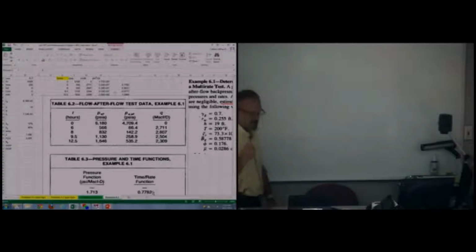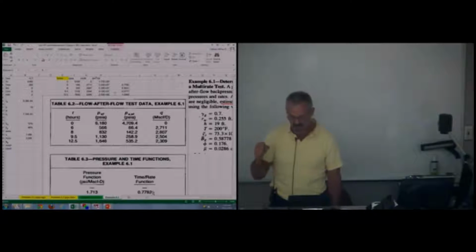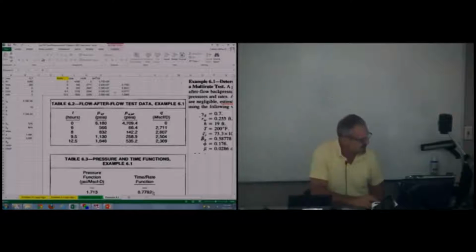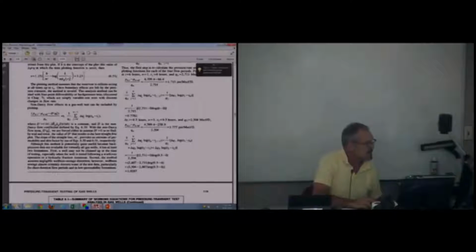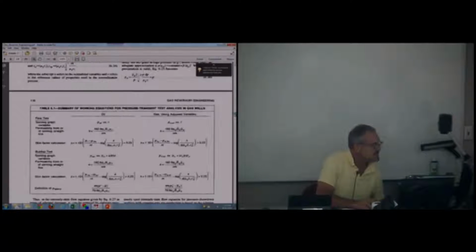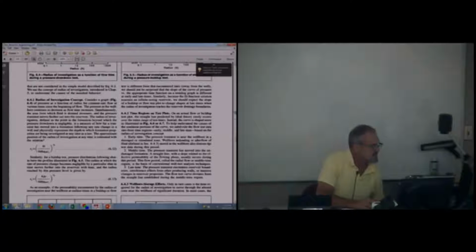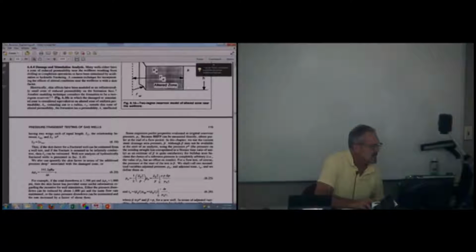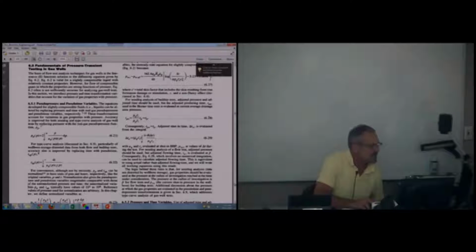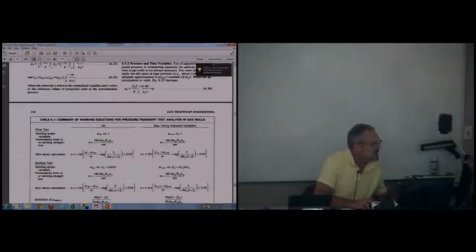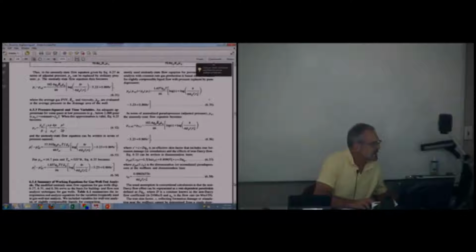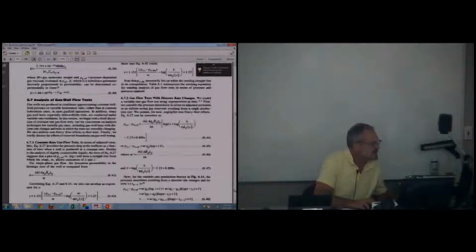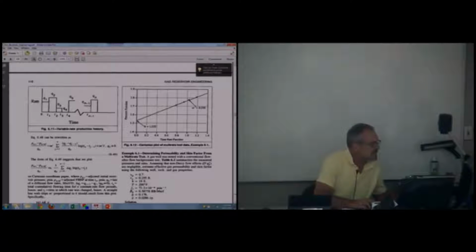So my first time function, even though it is, where's my equation? Move too fast again. It's got that little header with the, yeah, right here.